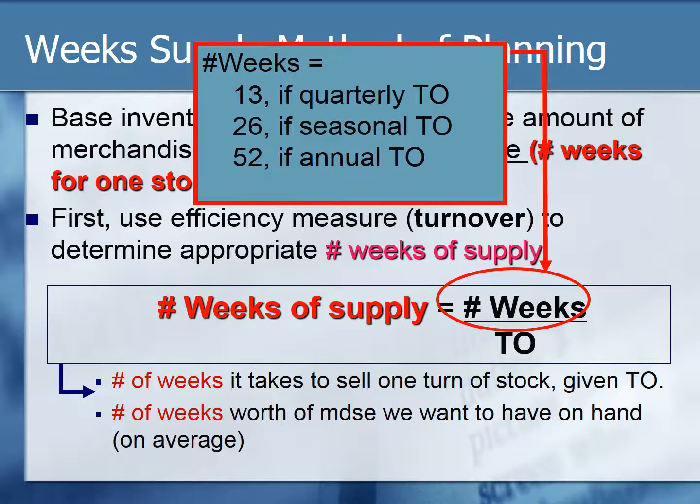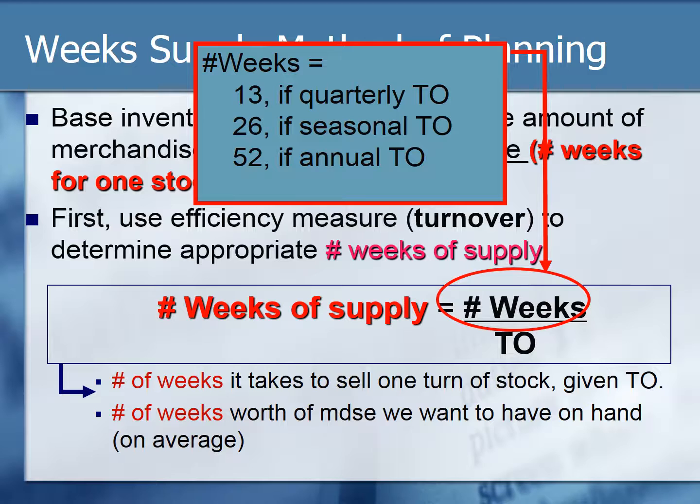Again, the meaning of this number of weeks of supply, the number that you will calculate by using this formula, is the number of weeks it takes to sell one turn of stock, given the turnover planned. What that means is the number of weeks worth of merchandise we want to have on hand on average.